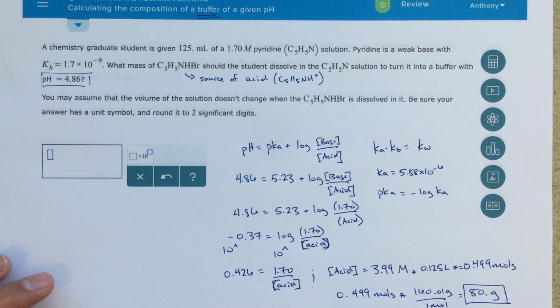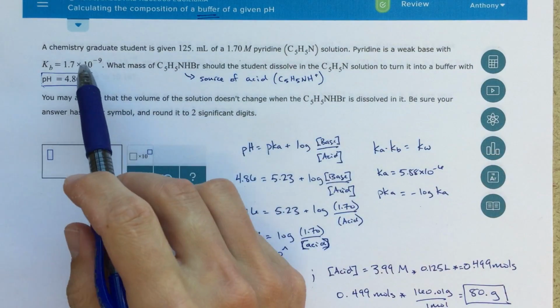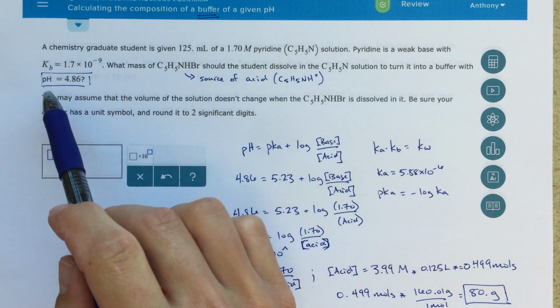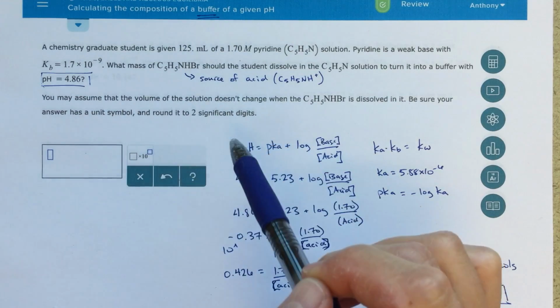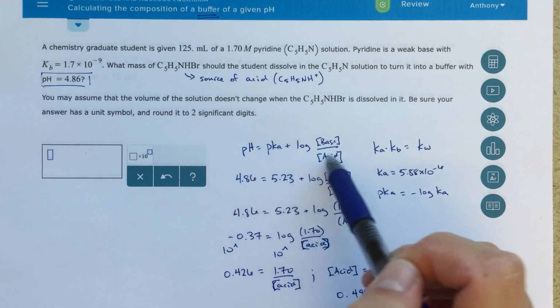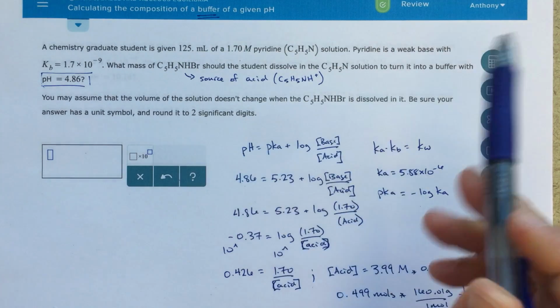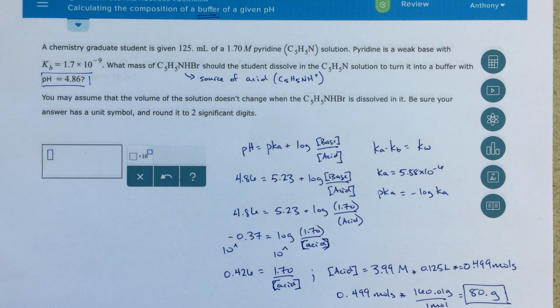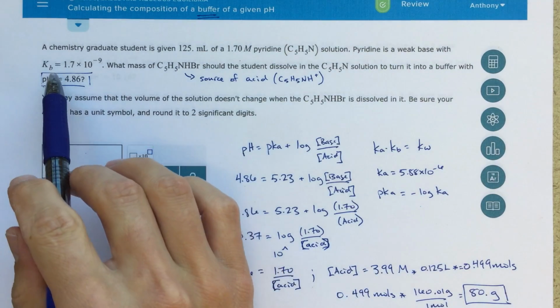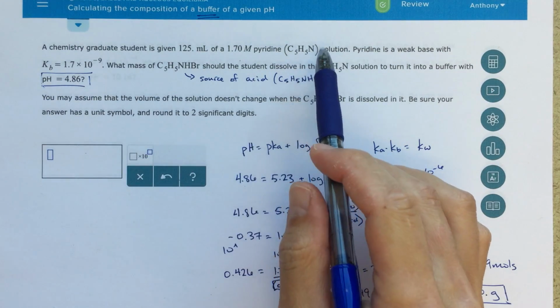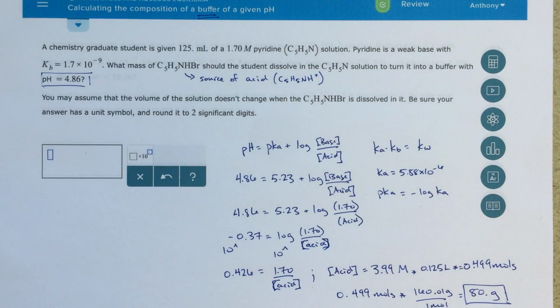So let's recap real quick. The first thing that I'm reading is that I am shooting for a given pH, my pH 4.86, and I'm told that it's a buffer. So my Henderson-Hasselbalch equation, pH equals pKa plus log the concentration of base over acid, is the equation that I'm going to need to use. And I'm given a Kb value for this pyridine: weak base, weak acid, conjugate base, conjugate acid.